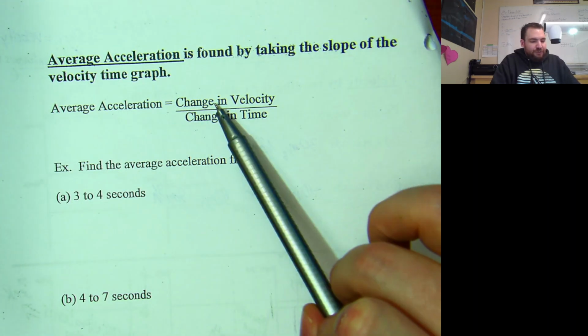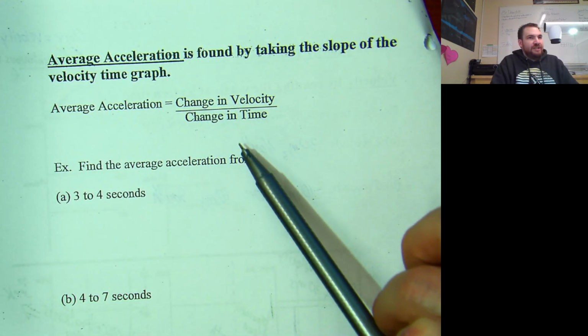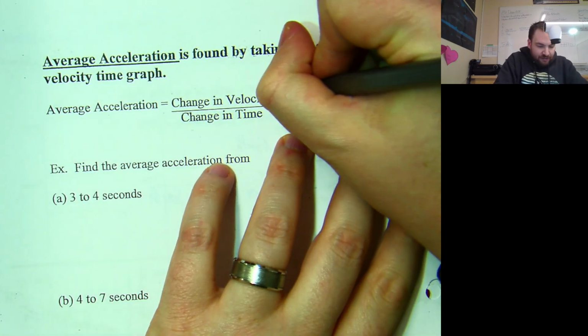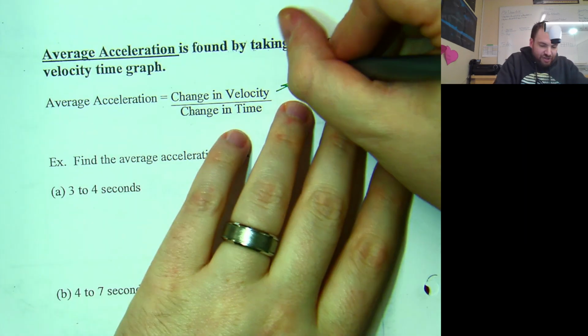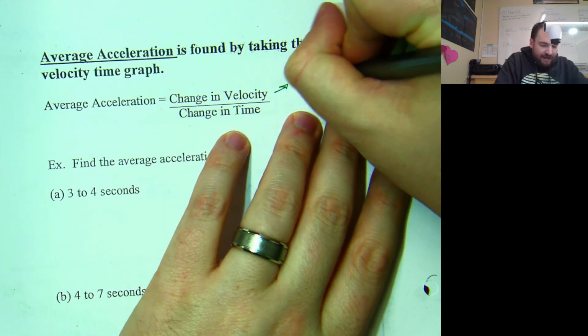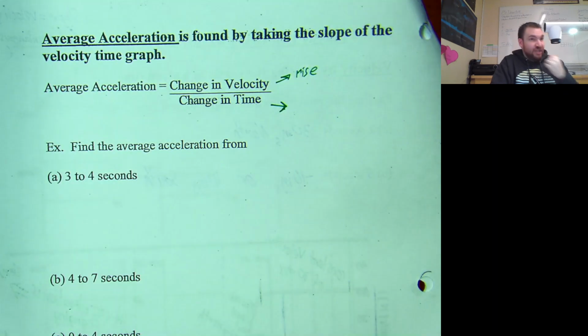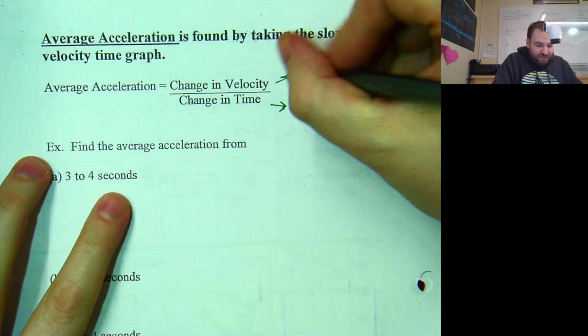Average acceleration is equal to a change in velocity over a change in time. Because velocity on the graph is the y-axis, this is just my rise. This is just a change in time, that's how my x value is changing on the graph. This is just my run.